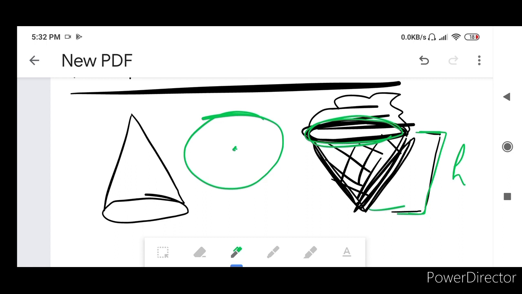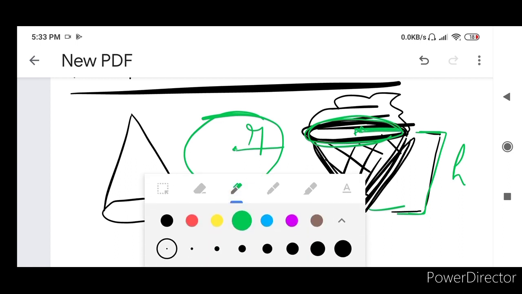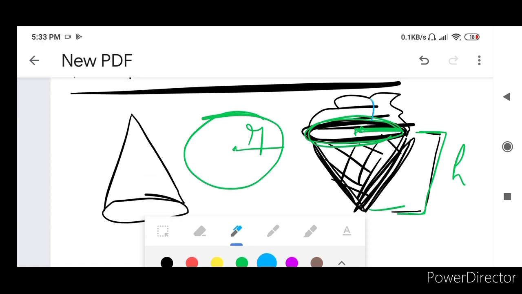If it has a center, it also has a radius. From the center to this point, the radius is r.